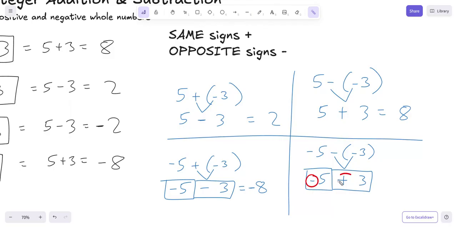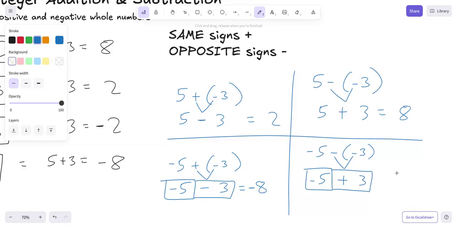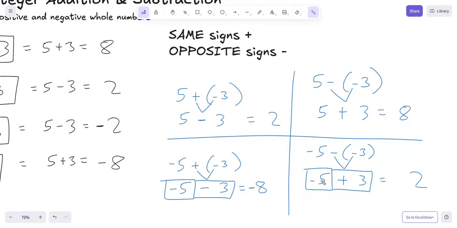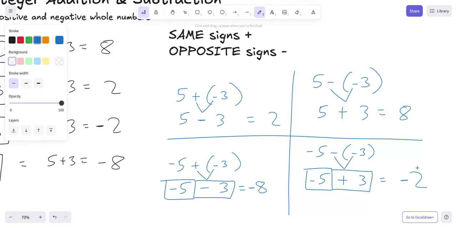Now the signs are opposite, so I will subtract the numbers. 5 minus 3 is 2, and then the 5 is more negative than the 3 is positive, so my answer will be negative 2. All right, good luck on practice.